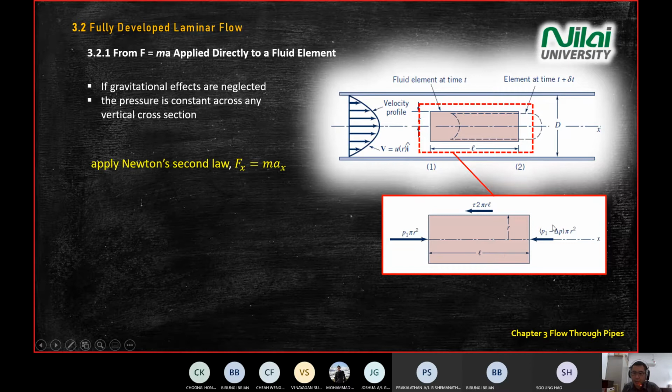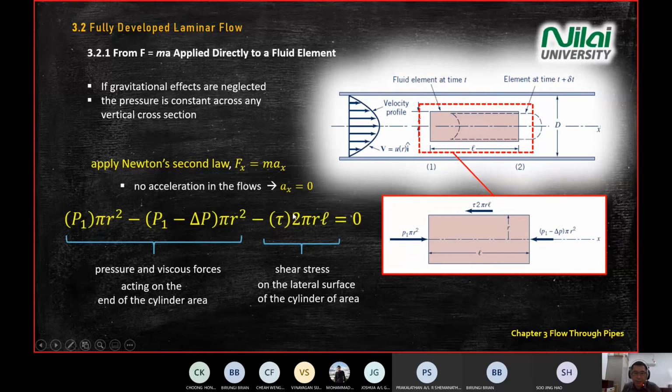Then you have a change of pressure. You convert 1, 2, 3 into forces equal to 0, right? In this equation, you take the left-hand side positive because it's along the x-axis, negative because it goes against the direction, and negative again because it goes against.